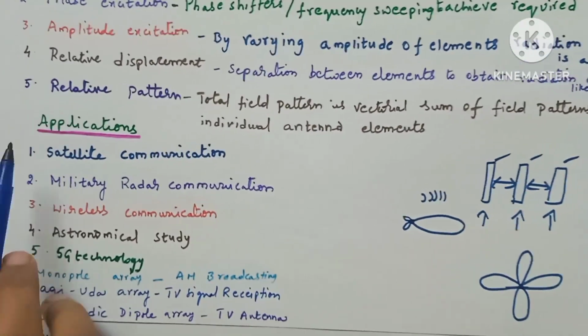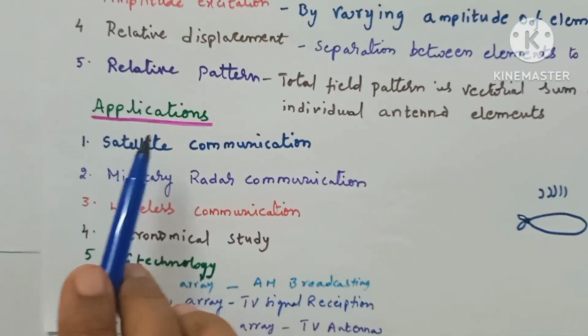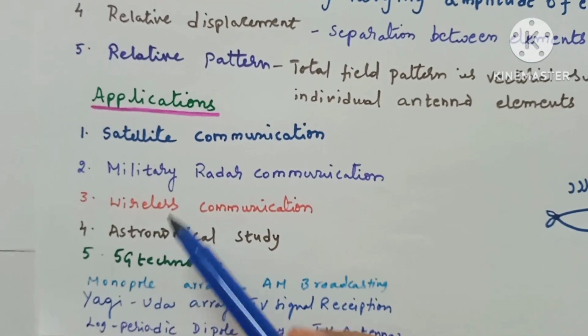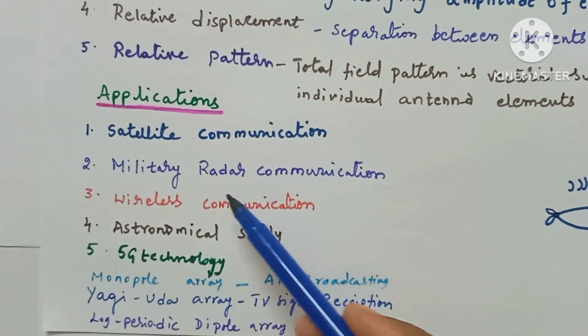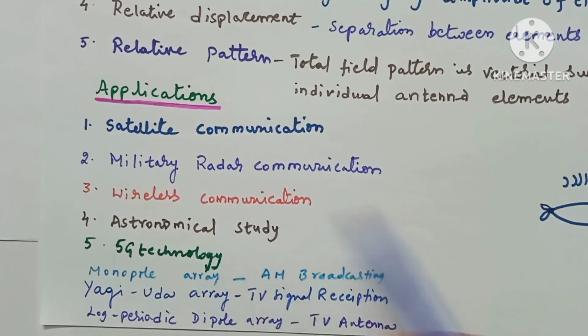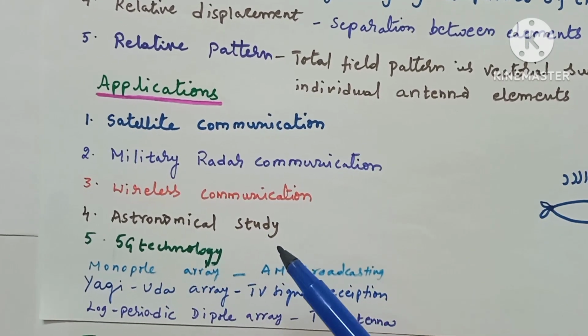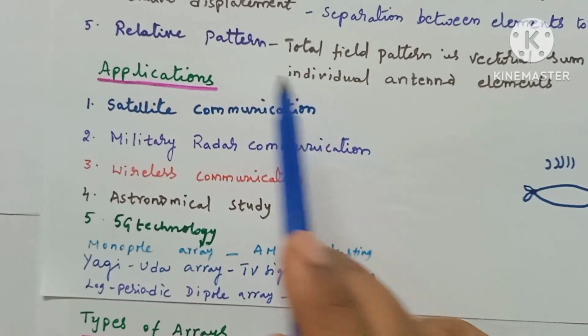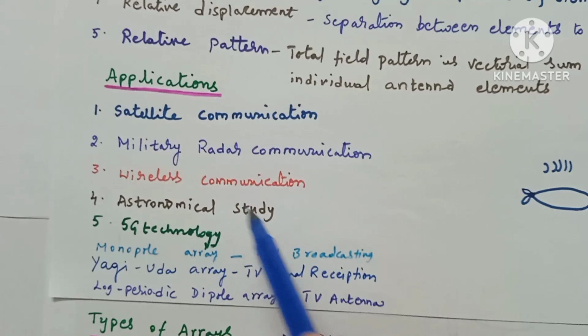Next we are going to see the applications of antenna arrays. I have listed a few applications. The first one, satellite communication, military radar communication, wireless communication, astronomical study, and 5G technology. Nowadays we hear about all of these outside applications.